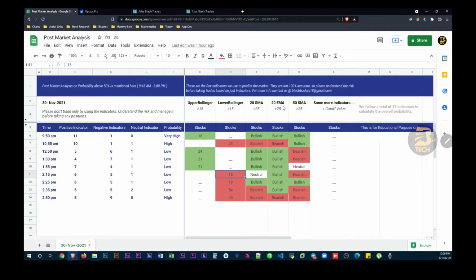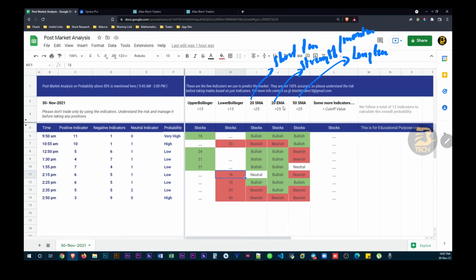So these are the breakout indicators, and the rest of the three are short-term and long-term indicators. 20 SMA is a short-term indicator, 50 SMA is a long-term indicator, and the middle one, 20 MA, represents the strength, how much momentum this trend has.